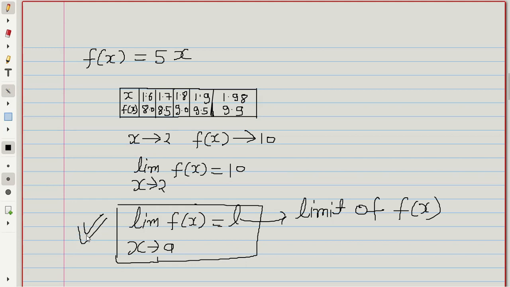Based on this definition, I am going to explain the derivative of a function. So let's see that.